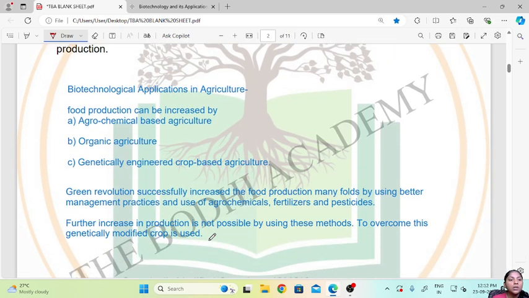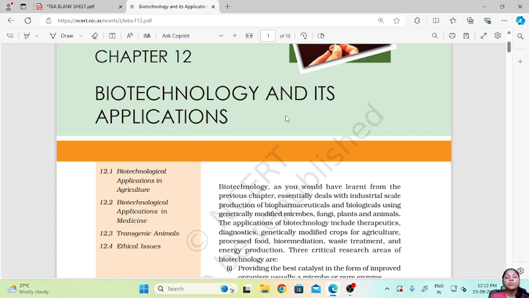First, talking about the biotechnological applications in agriculture. As we know, as the population of the world keeps on increasing, we need to improve food production so that we can feed all the people.